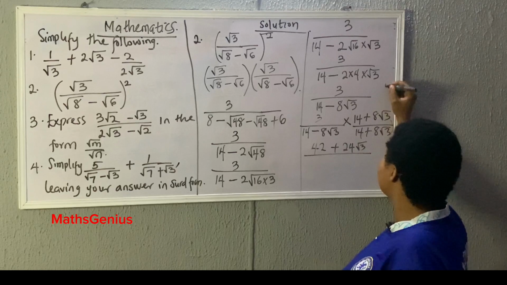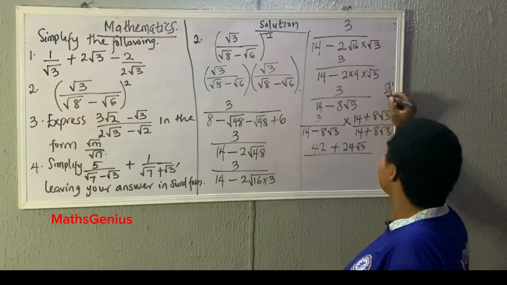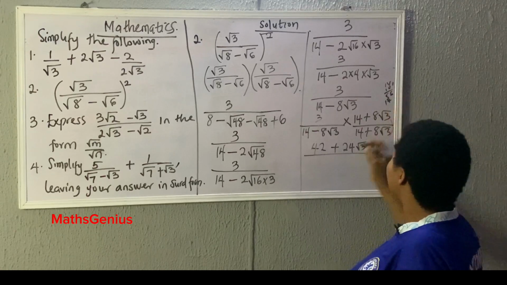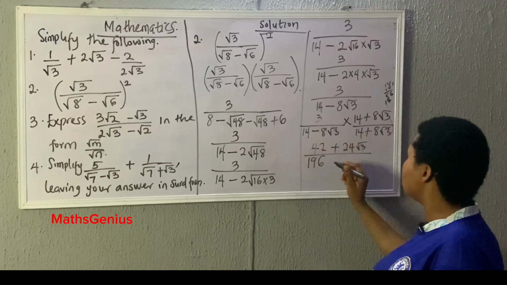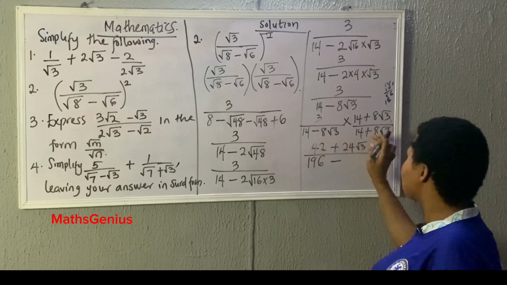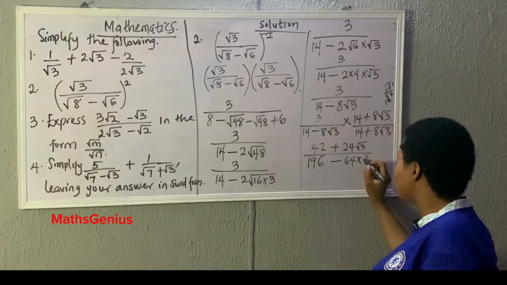That will give us 196. Minus times plus will give us minus. 8 times 8 will give us 64, times root 3 times root 3 will give us 3.